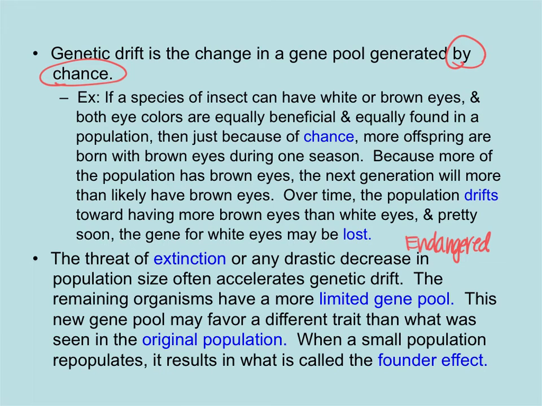That smaller gene pool might favor a trait that was not favored in the original population. When that small number of organisms that's left starts repopulating and getting their numbers back up, that's called the founder effect, because they are founders. They're what was left of the species, and they repopulated that species.